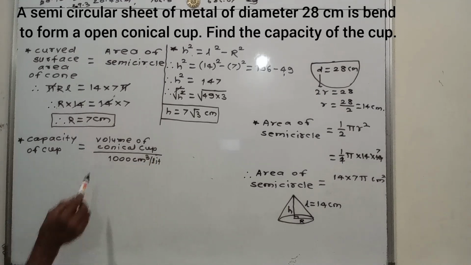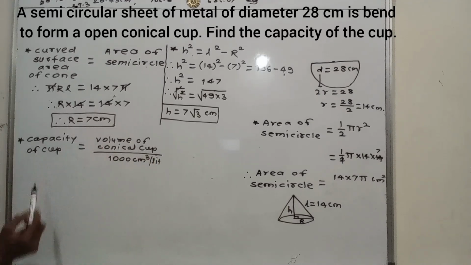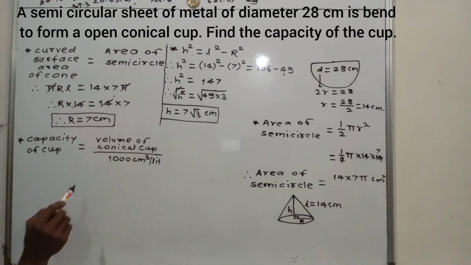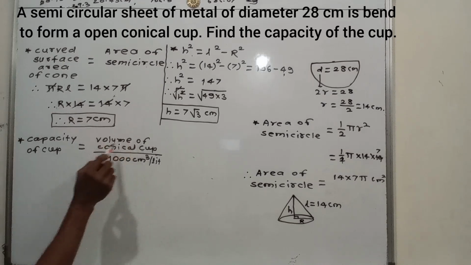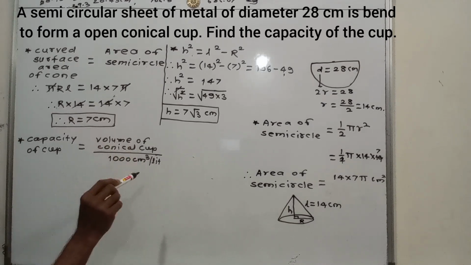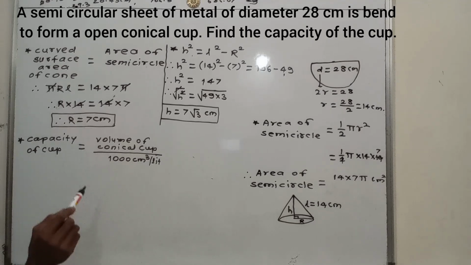This is the formula for the capacity of that conical cup or any article. For a cuboid, cube, etc., the formula is also the same: volume of that particular article upon 1000 centimeter cube per liter.